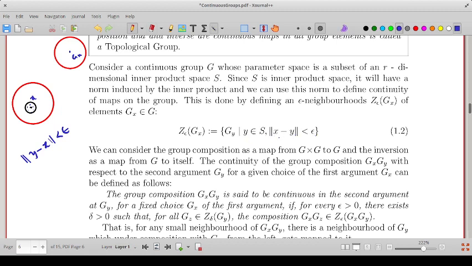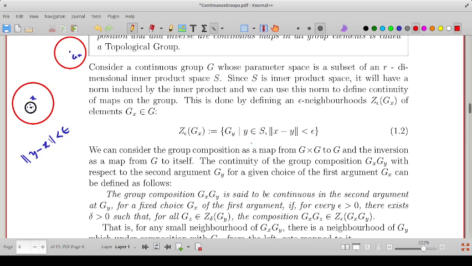Then each of those y will correspond to group elements gy, and we can collect all those gy's, and the set of all those gy's forms what is called the epsilon neighborhood of gx.